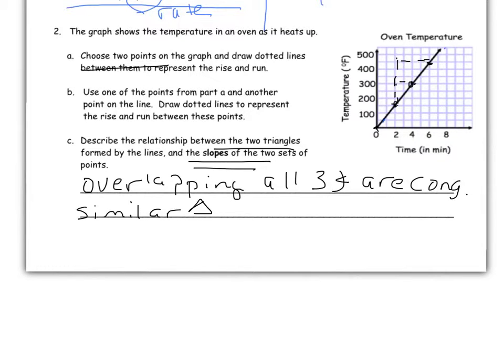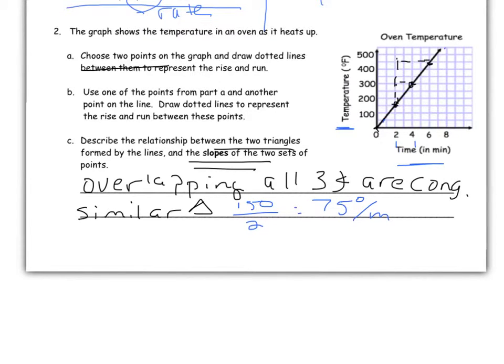Well, the slope between the 2 triangles, we had to go from 150 up to 300. Let me show you where I'm talking. 150 to 300. So the rise was 150, and the run was 2 because it went from 2 to 4. So that slope is 75 degrees per minute. I got degrees per minute because remember the rise was in temperature, the run was in minutes.